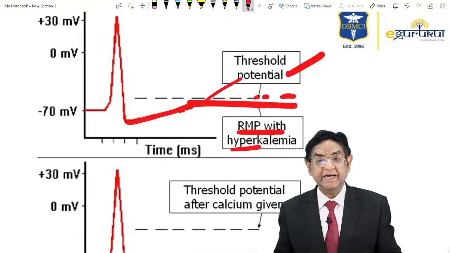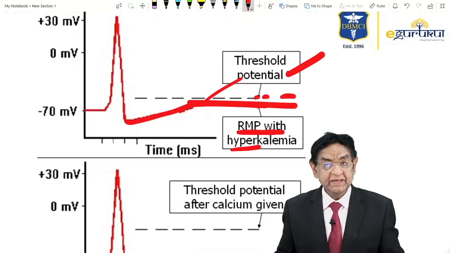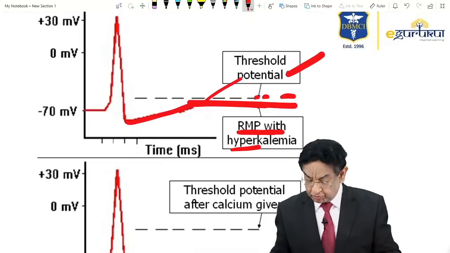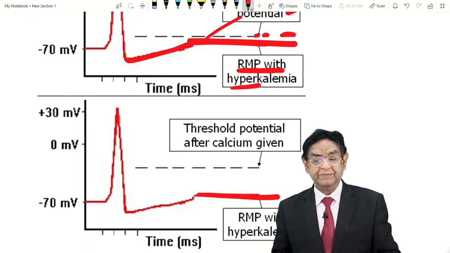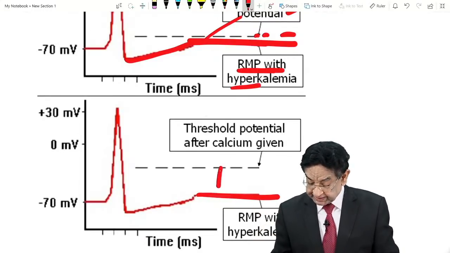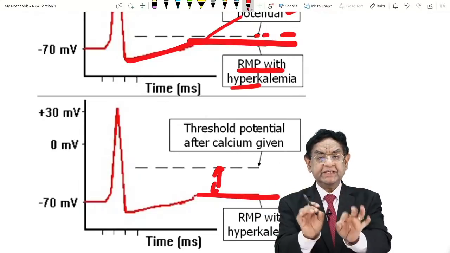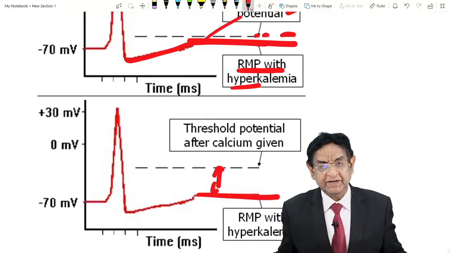So that's why it can lead to firing very fast. But once we give calcium gluconate, the threshold potential is shifted upward, so there is an increased gap, and it reduces excitability.